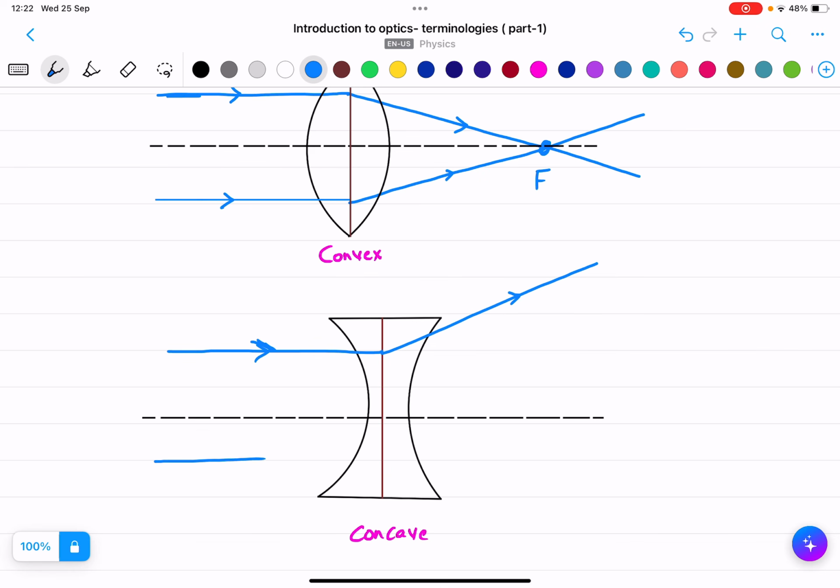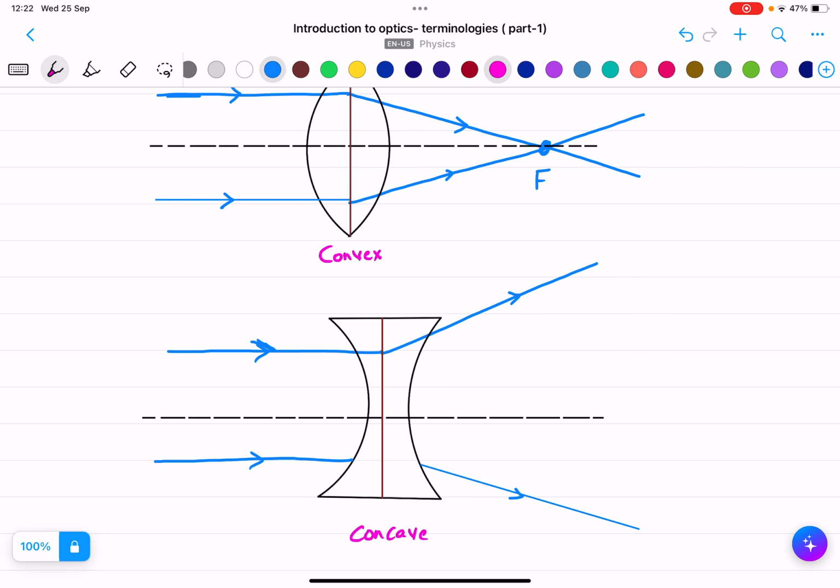Suppose this is a ray which is parallel and this is diverging again. Now because they are not meeting here, but they are appearing to meet, we are just extending it like this, and like this. Wherever it is meeting on the principal axis, this is the focus point of the concave lens.